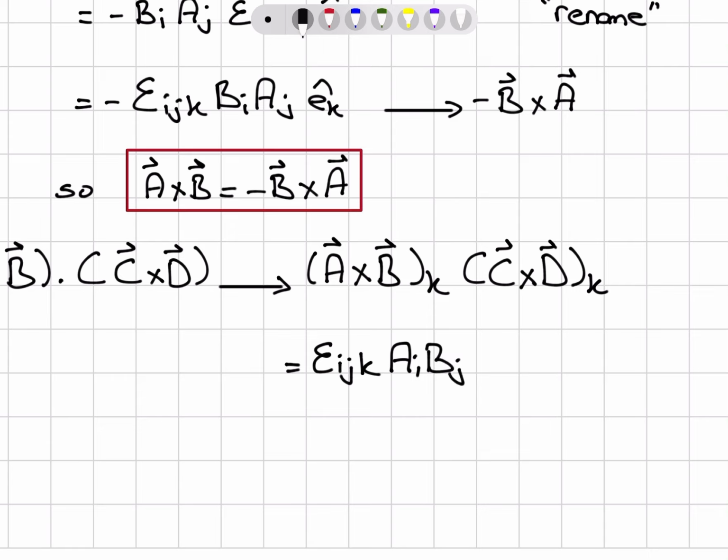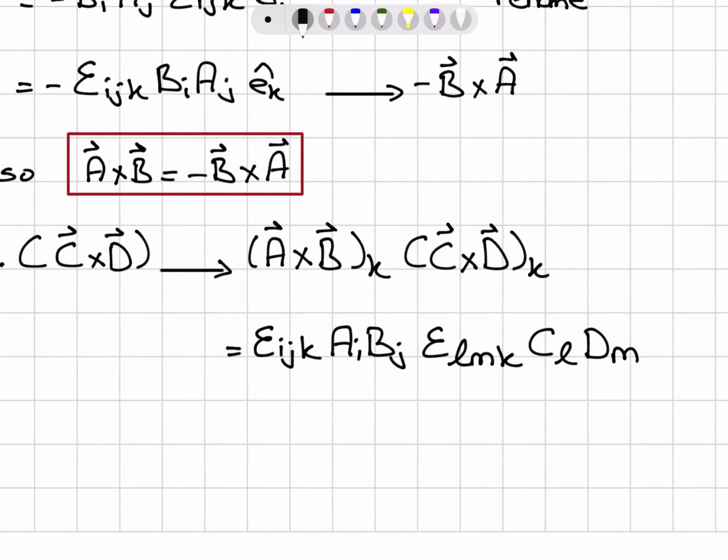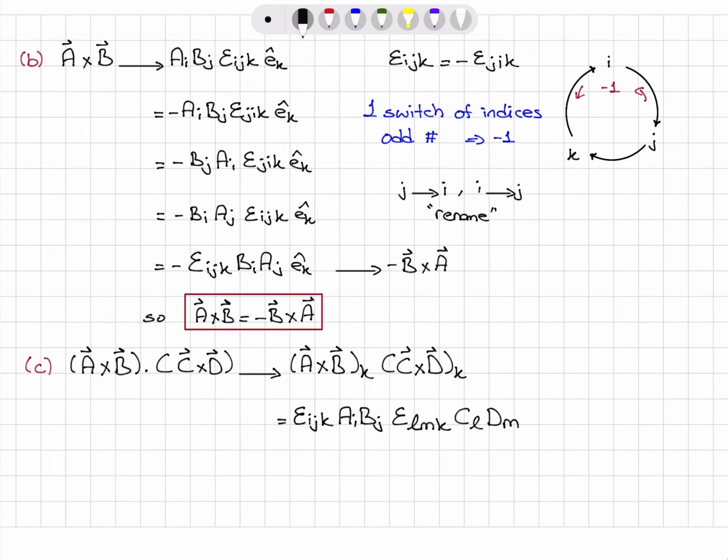If it wasn't the kth component, I would have e_k hat here, but it's the kth component, so it's just the pre-multiplier. And for C cross D, I have epsilon lmk c_l d_m. Right. So that's how I write it.